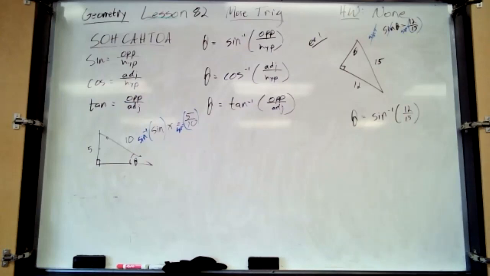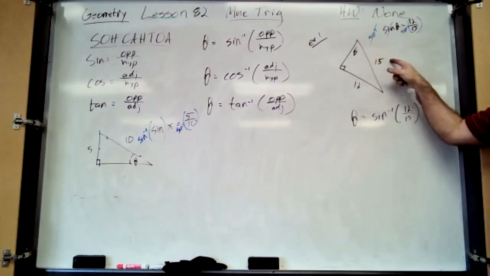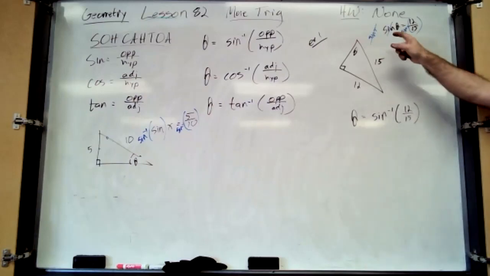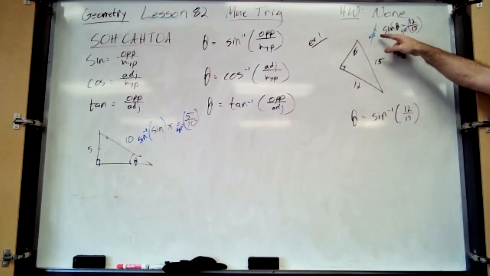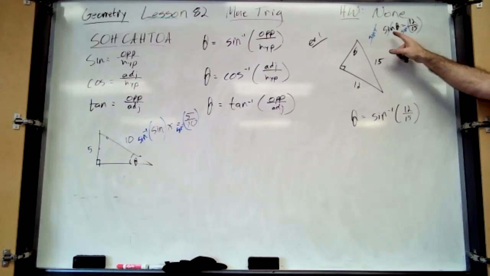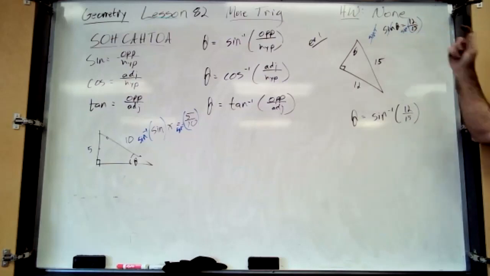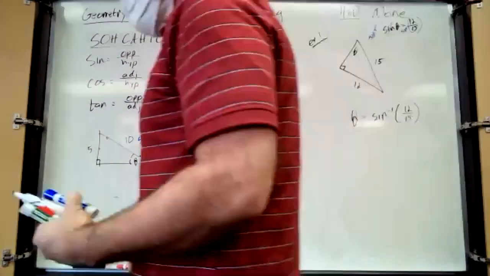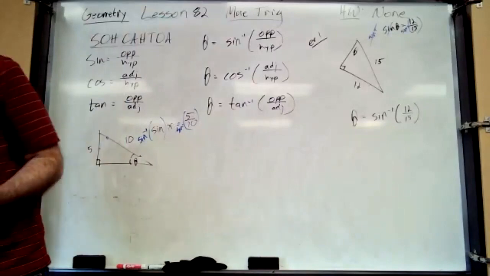You can start by just saying sine of theta is opposite over hypotenuse, so 12 over 15. Then to get rid of that, you have to do the inverse function, which is sine to the -1. Whatever you do to one side, you have to do to the other. So you end up taking the inverse sine of 12/15. What did you get? Do you know how to do it?